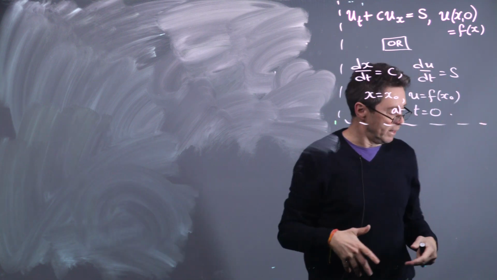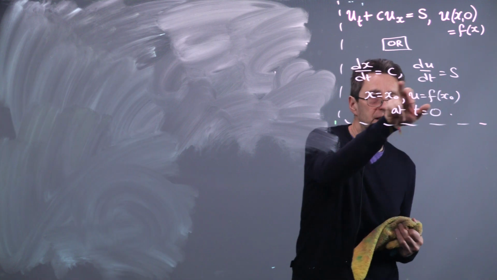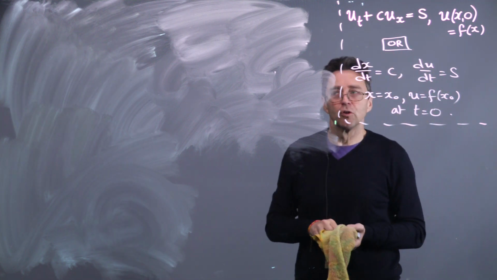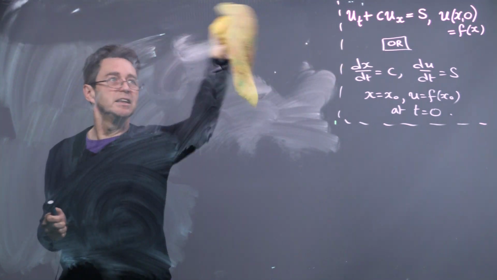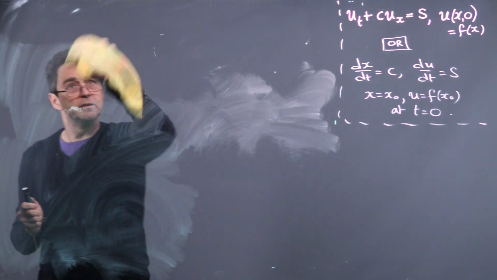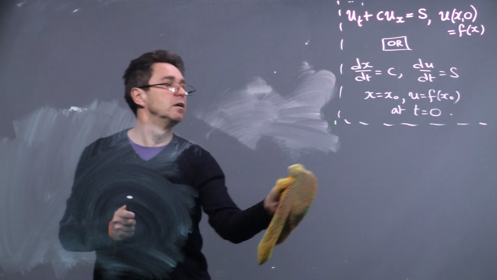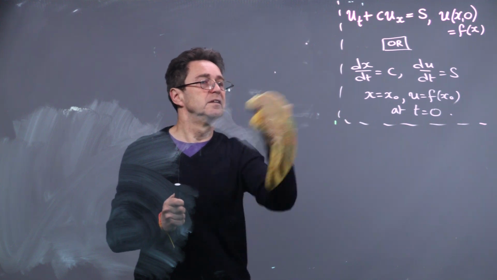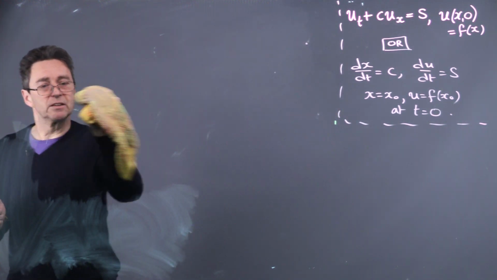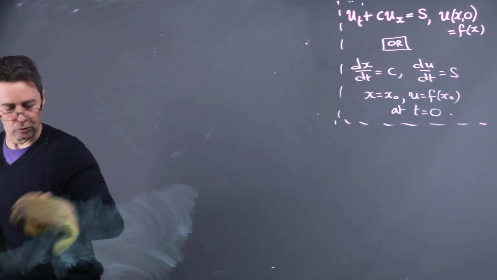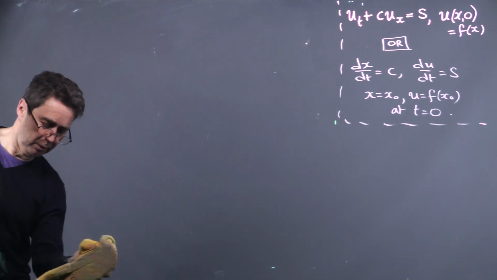And then I said, let's just do quasi-linear PDEs where c and s, those two coefficients, could also depend upon u as well as x and t, as long as they don't depend upon the derivatives of u, then we're good to go. And that leads us to these quasi-linear PDEs. And that's as far as we're going to get in this particular course. You can go further, it just gets more complicated algebraically.